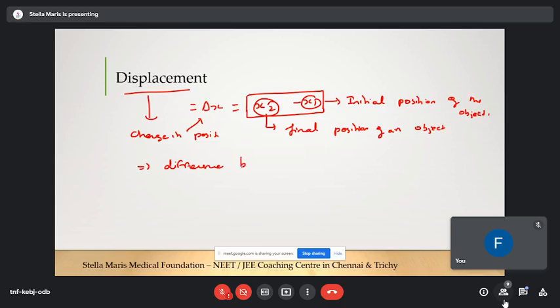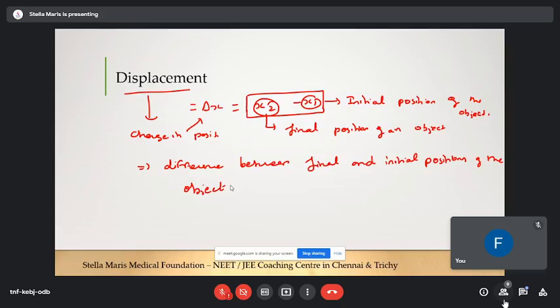So when will the displacement be positive? Del x is equal to x2 minus x1, so displacement is positive if x2 is greater than x1.